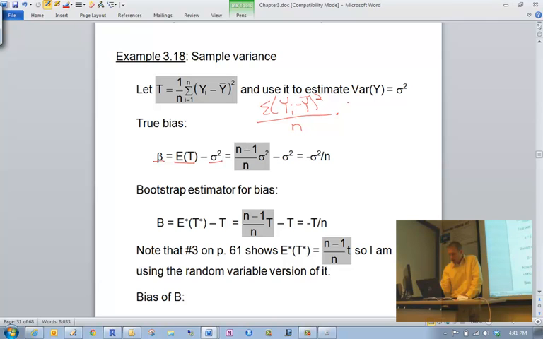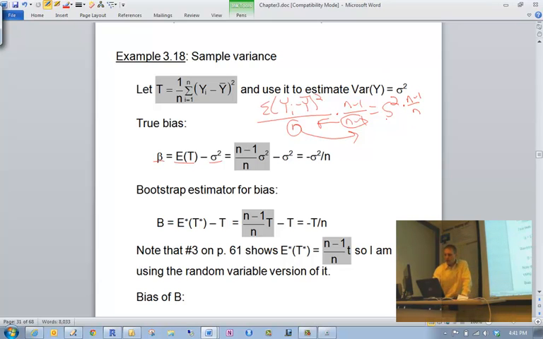If I take this quantity times n minus 1 divided by n minus 1, and move this underneath and move this outside, this means I have, let's call it s squared, our normal unbiased variance, times n minus 1 over n.